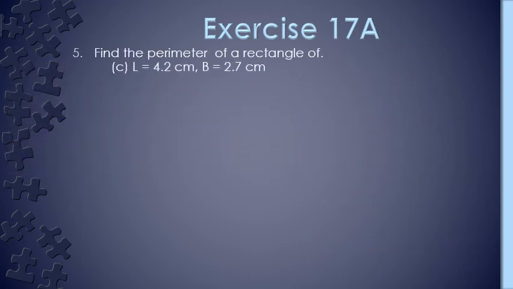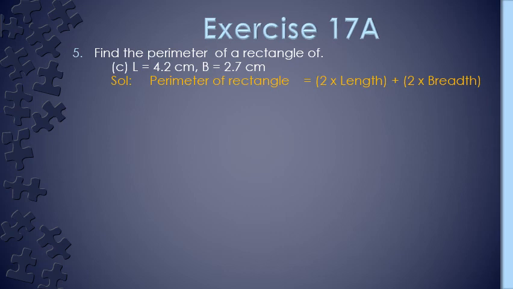Now children, let's come to question number 5 of this exercise. Find the perimeter of a rectangle of length 4.2 centimeter and breadth 2.7 centimeter. We are doing the C part of this question. So, how do we find the perimeter of a rectangle? Well, 2 multiplied by length plus 2 multiplied by breadth.